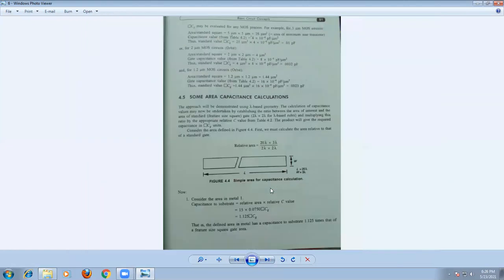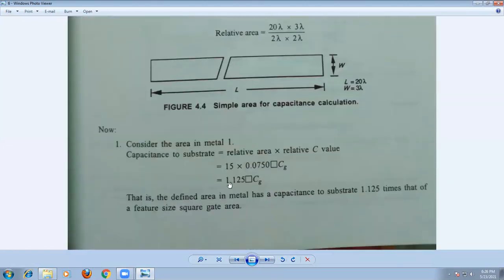So for this case, we can use 1.125 into 1 square Cg, which is 0.01 picofarad. You get the value in terms of picofarad, right? So like this you can calculate.